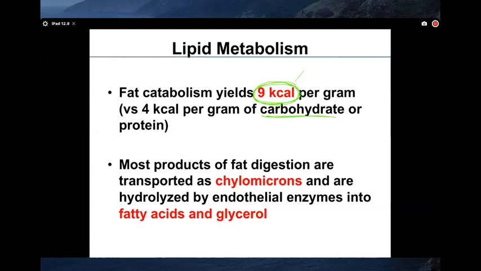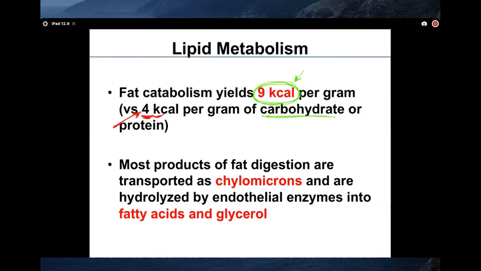So each gram of lipids is going to be yielding around 9 calories compared to the carbs and proteins, which are going to yield less than half this amount, around 4 calories. We use calories for kilocalories. We don't usually say a caloric number, we use kilocalorie. So whenever we say calorie, we mean a kilocalorie.